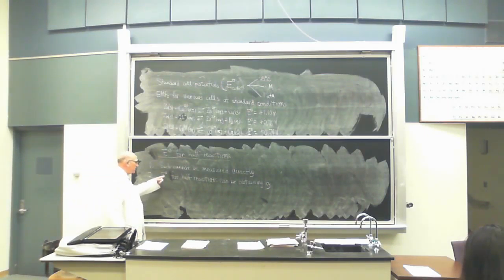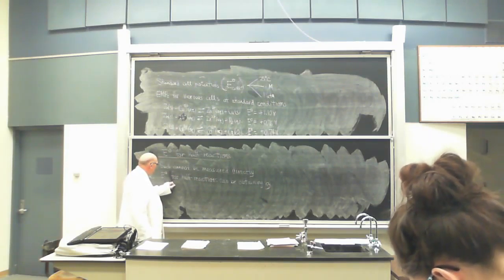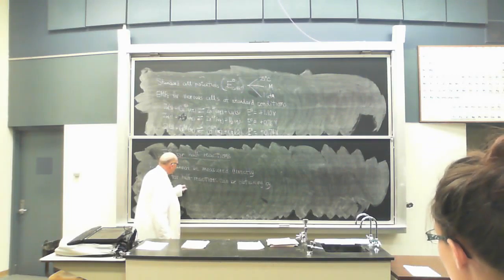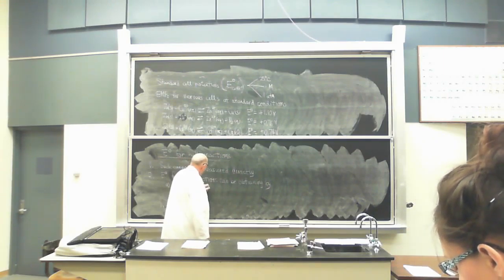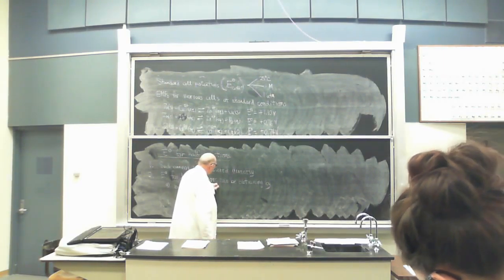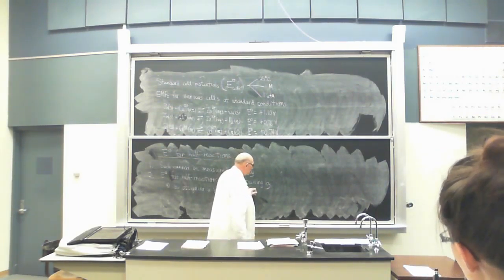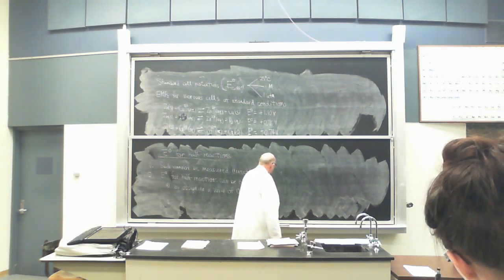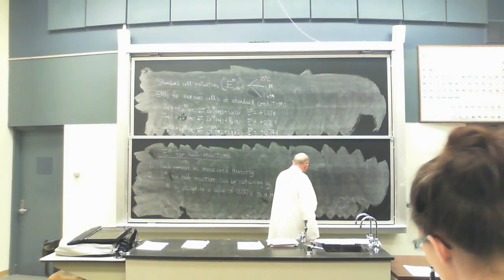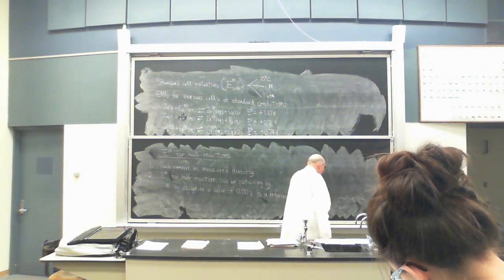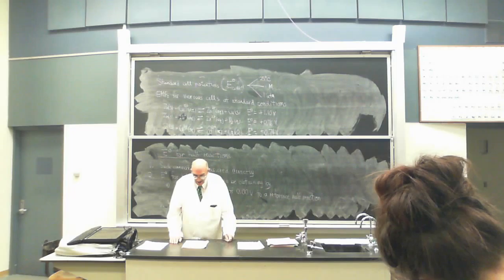So E0 for half reactions can be obtained by assigning a value of 0.0 volts to a reference half reaction. And then everything else falls in place.